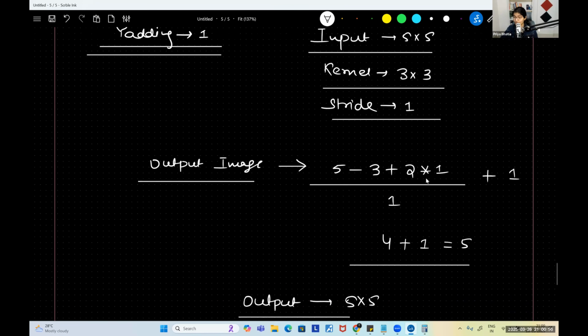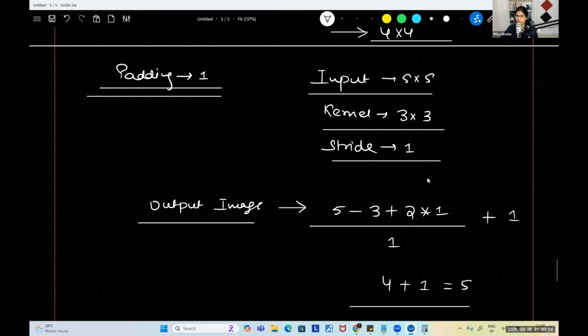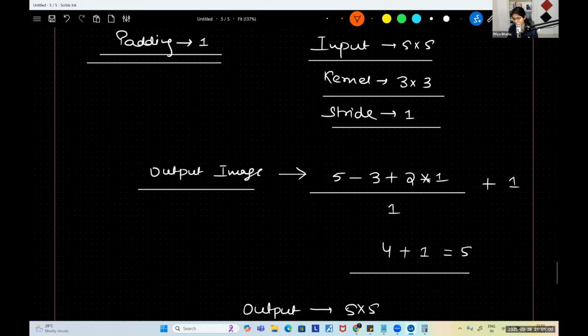At any point of time, you will observe that as soon as you introduce padding as 1, the output image and the input image will be equal to each other. This is the impact: as soon as you introduce padding, it makes the input and output shape or dimensions exactly the same.